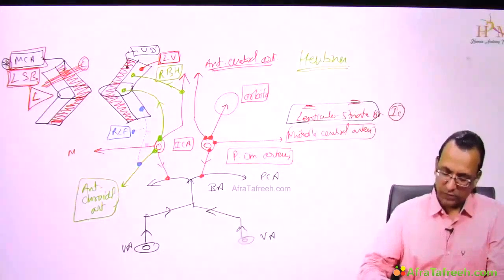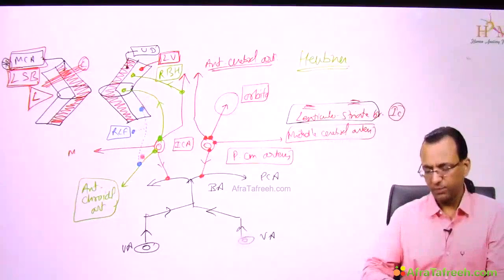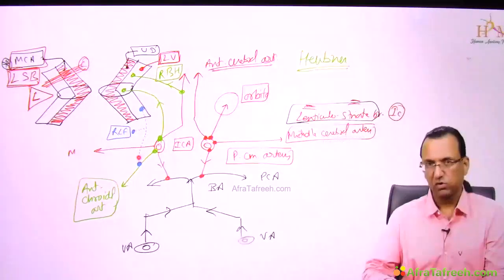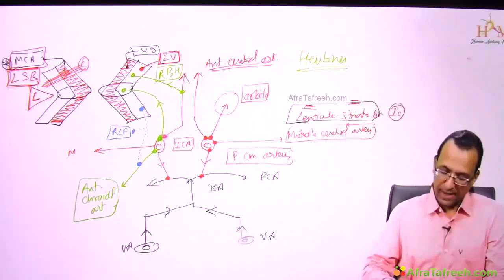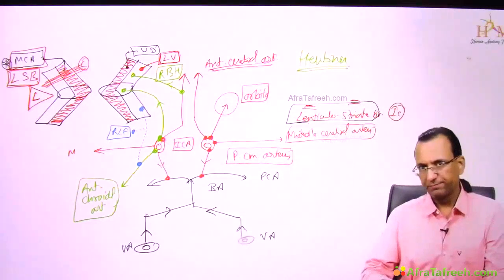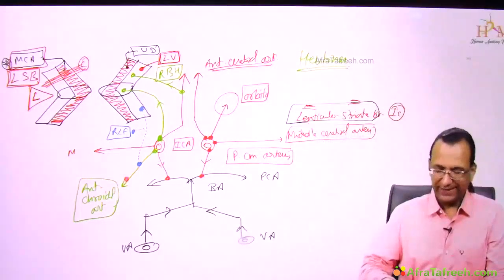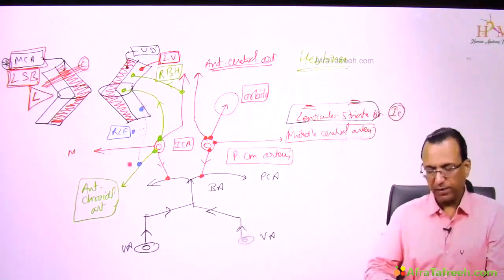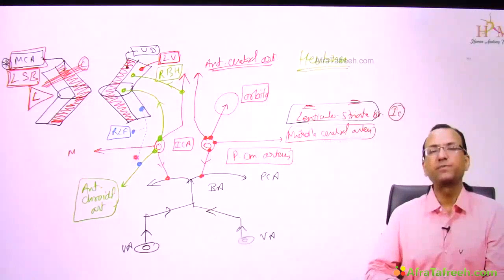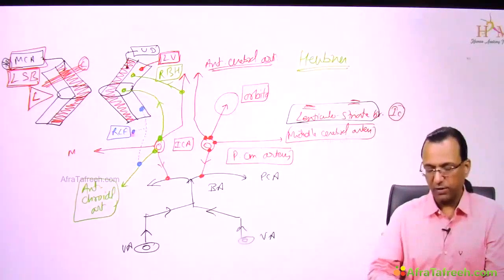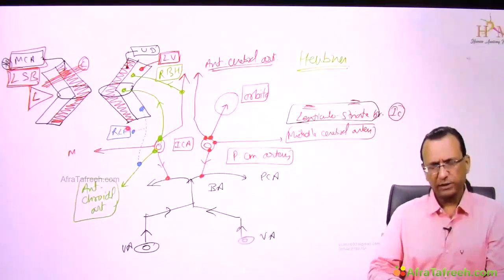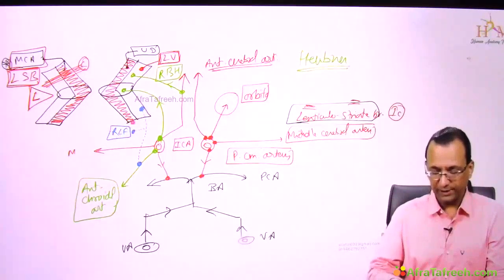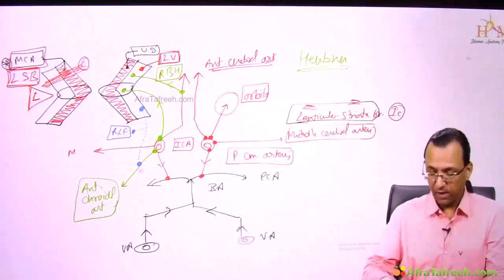The internal carotid artery gave you the anterior choroidal artery, and it is supplying the posterior limb and the posterior part of the internal capsule, where you have retrolentiform fibers towards the occipital visual cortex, supplied by the anterior choroidal artery.